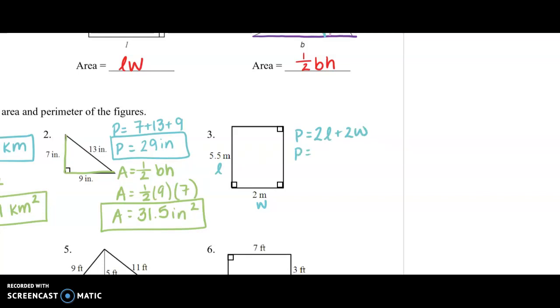So my perimeter is 2 times 5.5 plus 2 times 2. 2 times 5.5 is 11. 11 plus 4 is going to give me 15 meters for my perimeter.